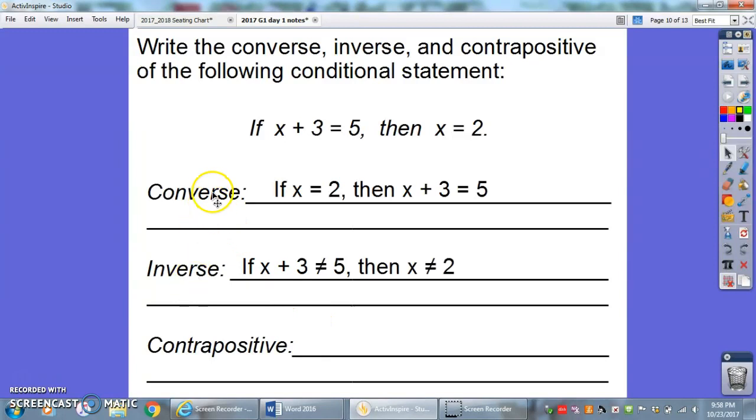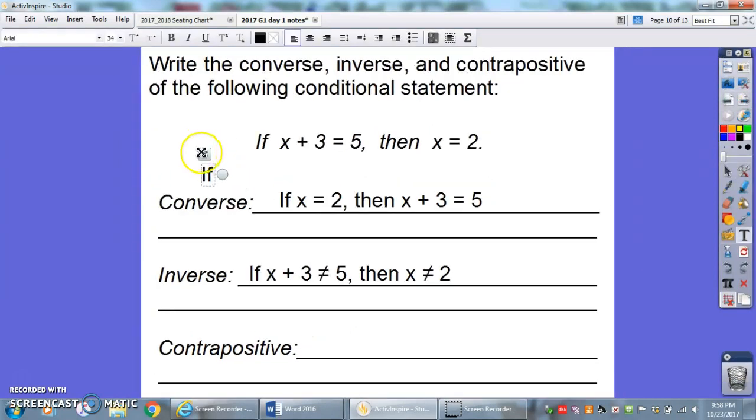It switches the order and negates. So I'm going to put x equals 2 first, but I got to negate it. So if x does not equal 2, then I got to put x plus 3 equals 5, but negate it. x plus 3 does not equal 5. And that is it.